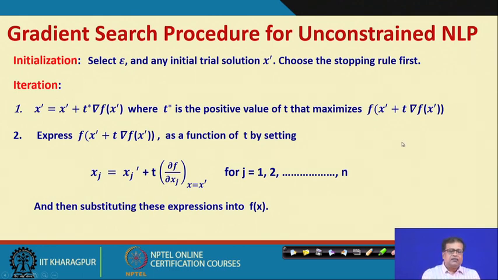Now, express this functional value as a function of t by setting x_j equal to x_j dash plus t del f by del x_j at x equal to x dash for each x, and then substituting these expressions into f(x). So, that is how the procedure goes.